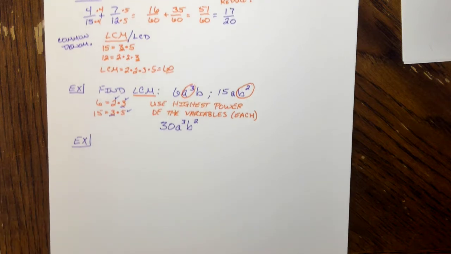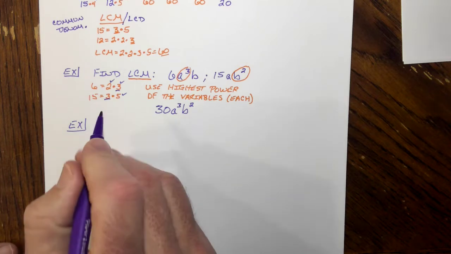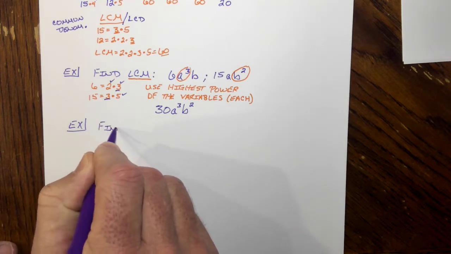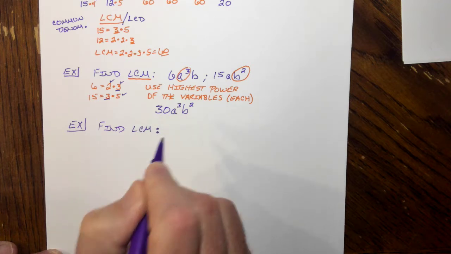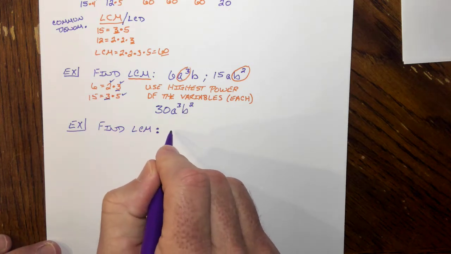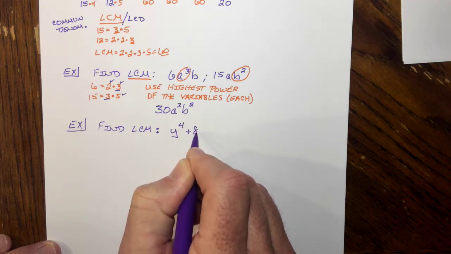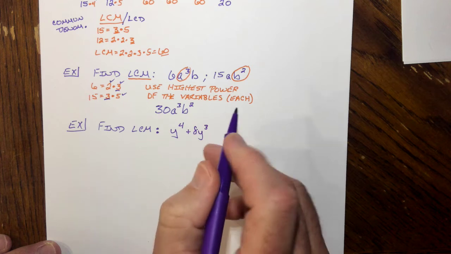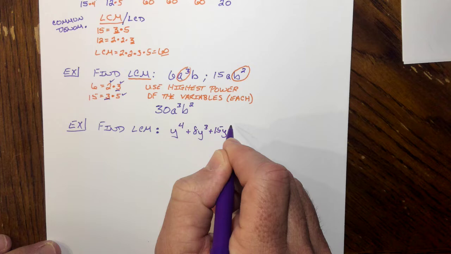As we work through here, look at the difference that I've given you in this example. Again, still want you to find the LCM. But this time, I'm going to give you y to the fourth plus 8y cubed plus 15y to the second power.